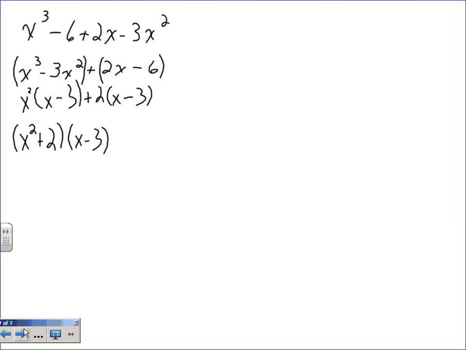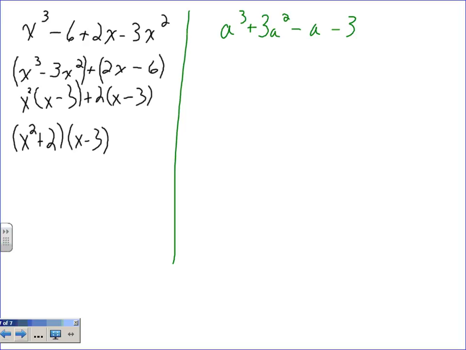Let's take a problem that looks like a cubed plus 3a squared plus a plus 3. Let's change that a little bit. Let's make this minus a minus 3.